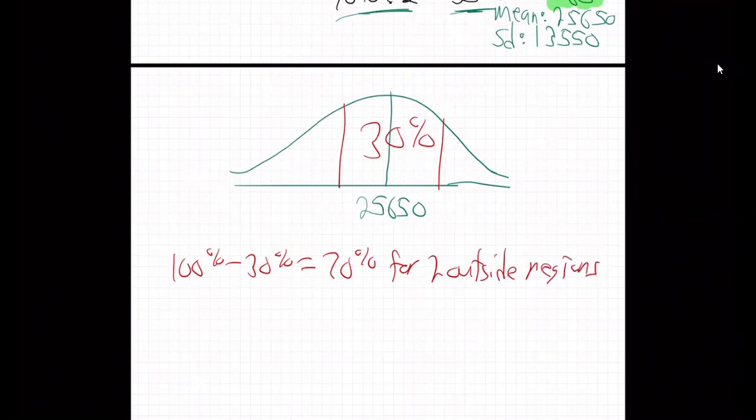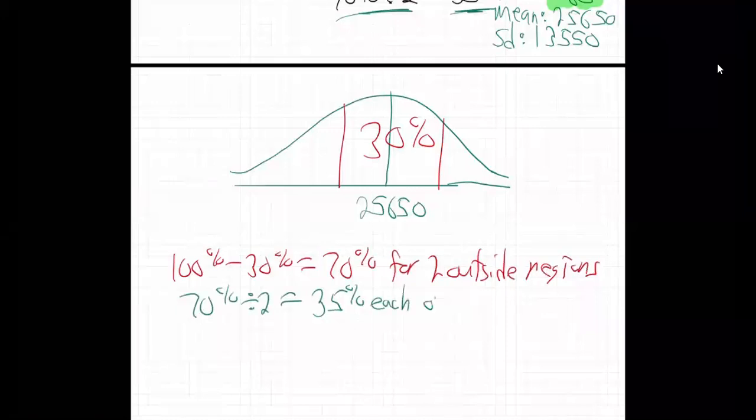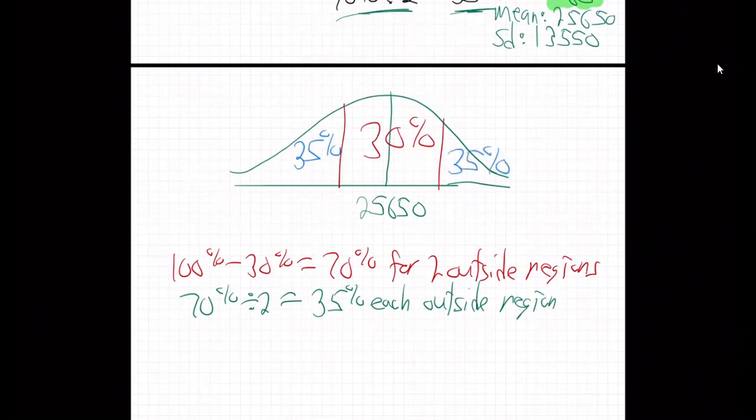That leaves 70% for the two outside regions. And so then I take the 70% and I divide it by 2, and I get 35% for each outside region. So then I go up here and I go, oh, okay. So this is 35% and this is 35%.